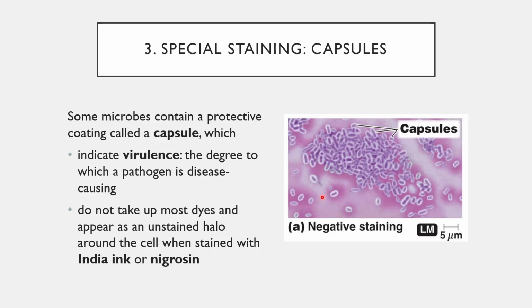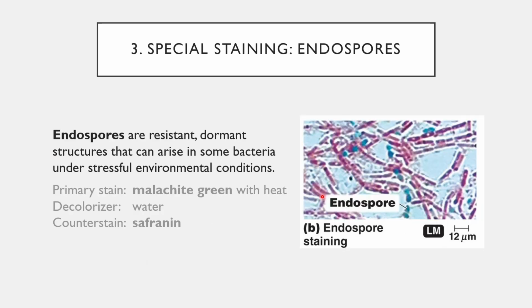So next we have endospore staining. Endospores are these highly resistant dormant structures that can arise in some genera of bacteria under stressful environmental conditions. I like to think about these as being like the bacterial bomb shelters.